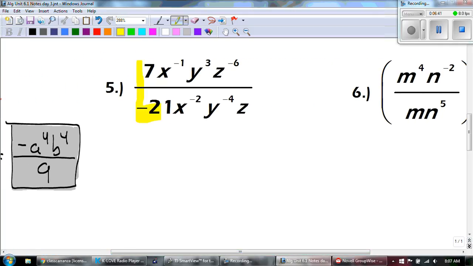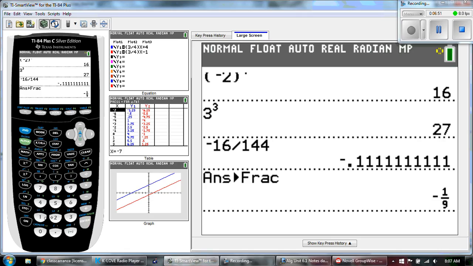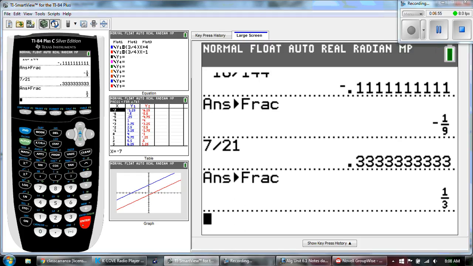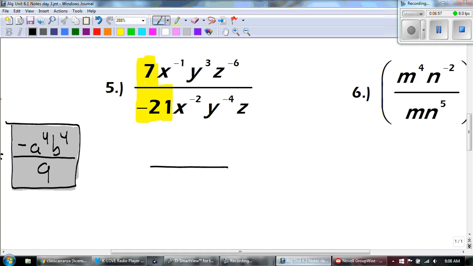Okay? So 5, the first thing I want to take care of is my fraction. So 7 divided by 21, math, enter, enter, we get 1/3. And almost forgot it, a negative 1/3.